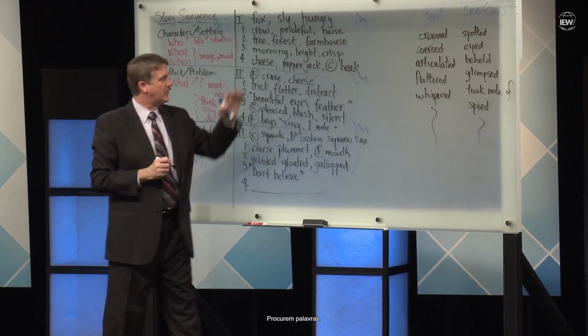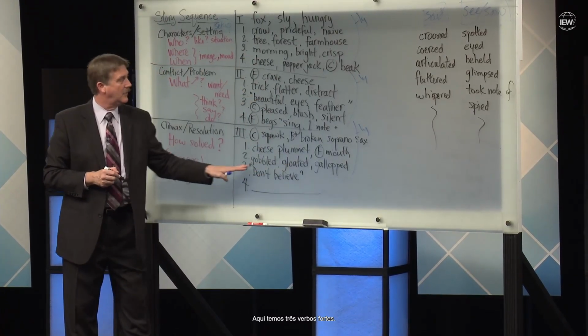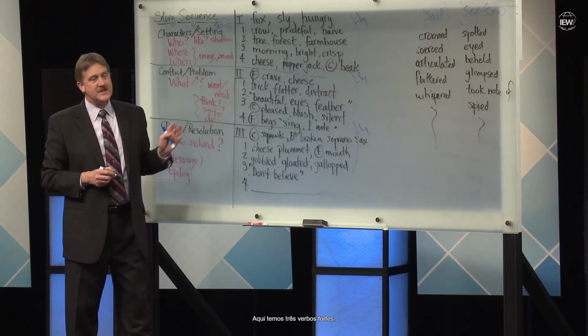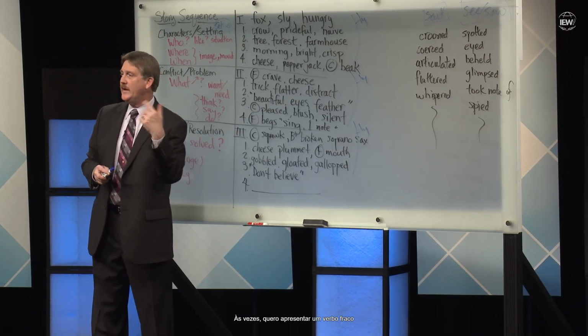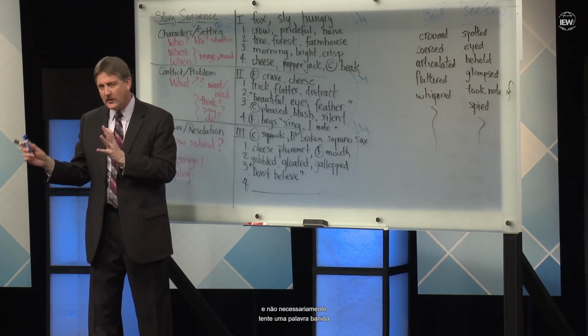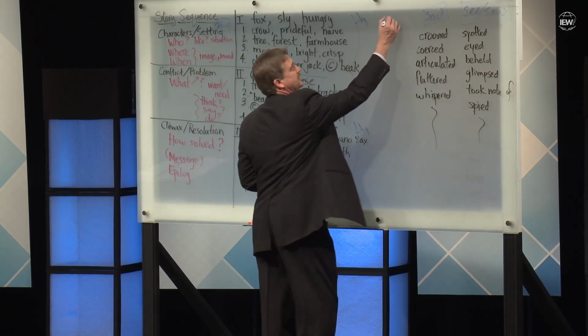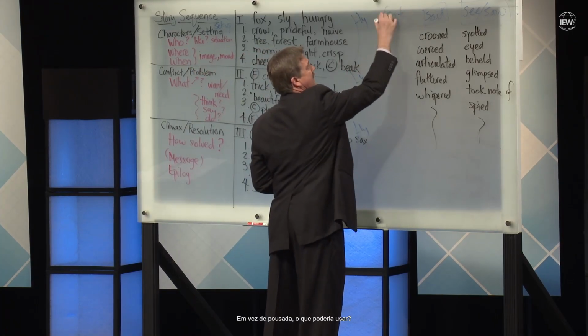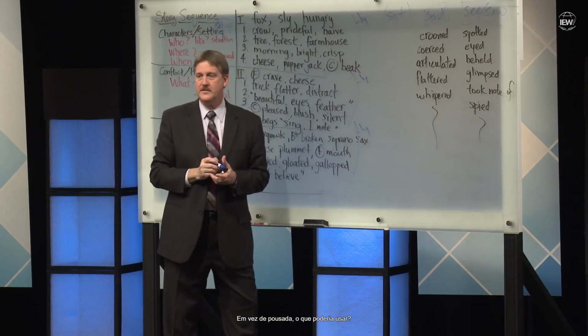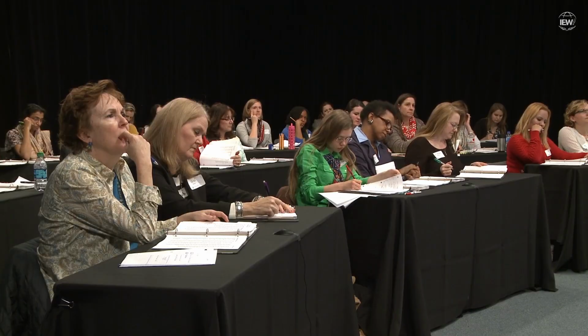So you look for verbs. Here we've got 3 strong ones right there. Sometimes you might want to point out a weak verb and not necessarily make it a banned word where you're not allowed to use it, but say, how about sat? Instead of sat, what could you use? Okay. Perched.